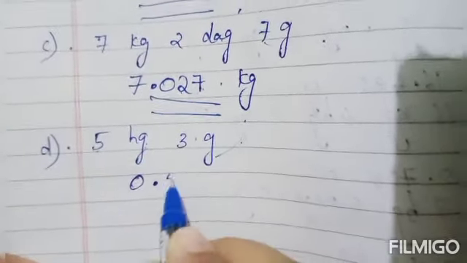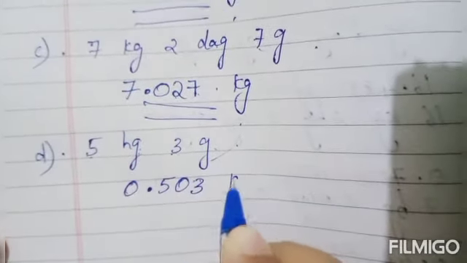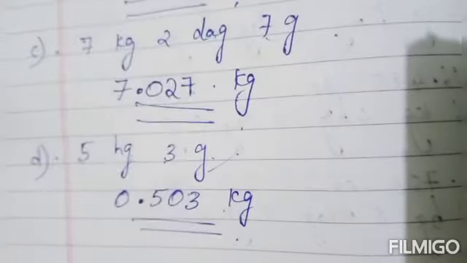After hectogram it is decagram, but it is not given, so put 0 in 100th place. After that gram will come, 3 gram in the question, so you can write that 3 in 1000th place. 0.503 kilogram. This will be the answer.